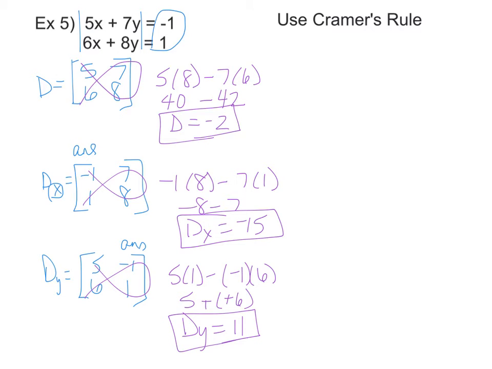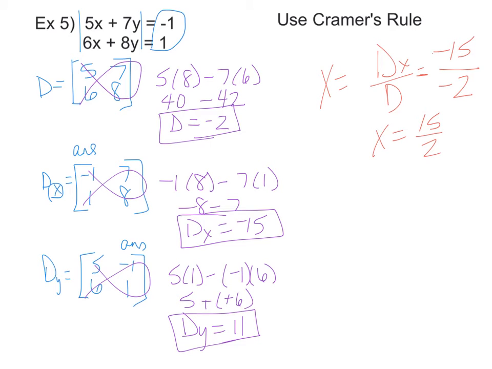Awesome. Now, here is where we come up with those actual values. The x value here is going to be the determinant of x divided by the regular determinant. So my x coordinate is negative 15 divided by negative 2. So my x value here is 15 halves.